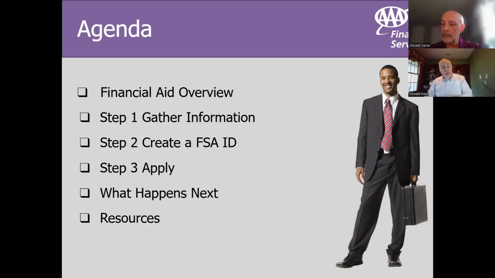The third and final step is where you go to apply, with some helpful hints and tips about actually doing the application. And then some helpful resources at the end. You're getting a lot of great information tonight, but where can you go afterwards, when you're in the middle of everything? How can you get additional help if you're halfway through and have a question? I'll give you some good resources and tools to use at the end as well.